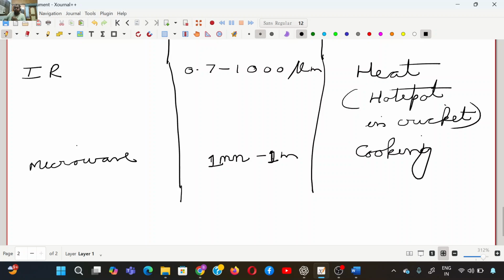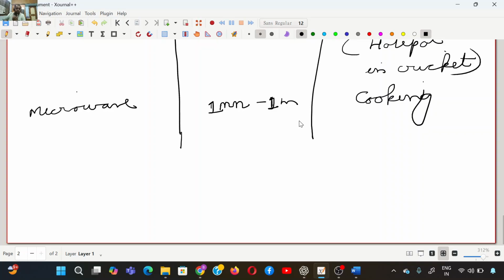Where is it used? Cooking. You have this microwave oven set. Sorry, it doesn't come out well. My handwriting is very bad, okay? So I'm very sorry for that.